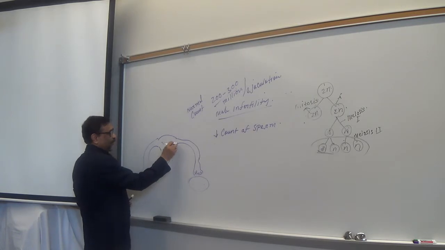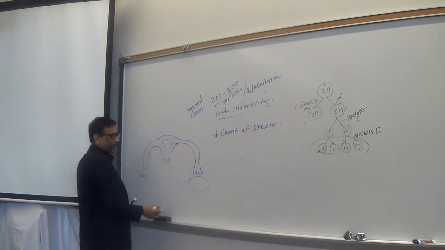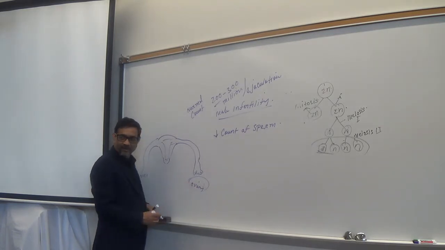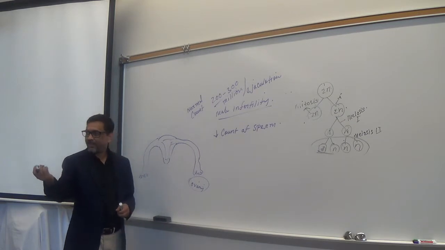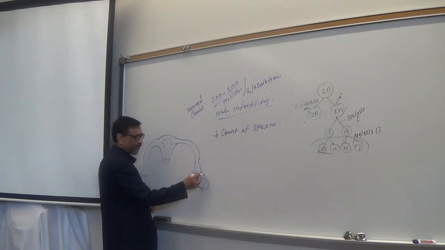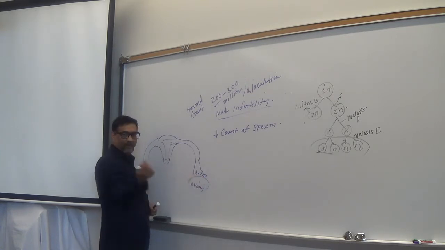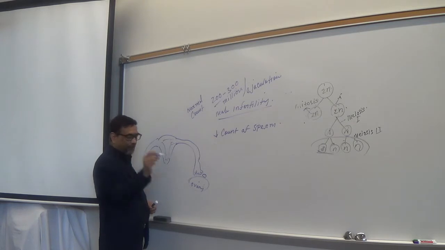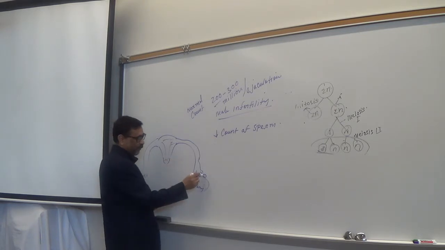Okay, so this is what? Ovary, right? Produces and releases egg, right? Ovum, very good. So ovum is released, only one, right? In each ovarian cycle, only one, usually. That will be taken into the uterine tube.